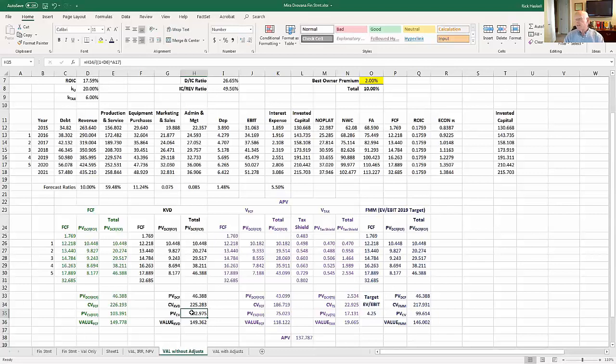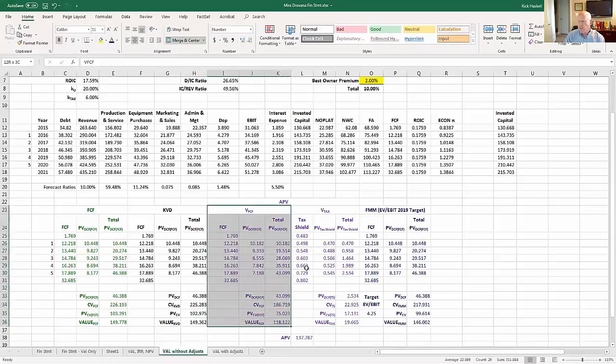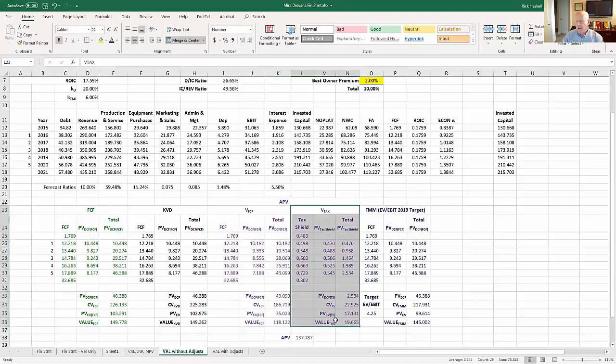So that's the adjusted present value model. It takes a recognition that we have two different cash flows, free cash flow and the tax shield, and finds the value of each one of them and then sums those two up. And this then is another way to look at valuation.